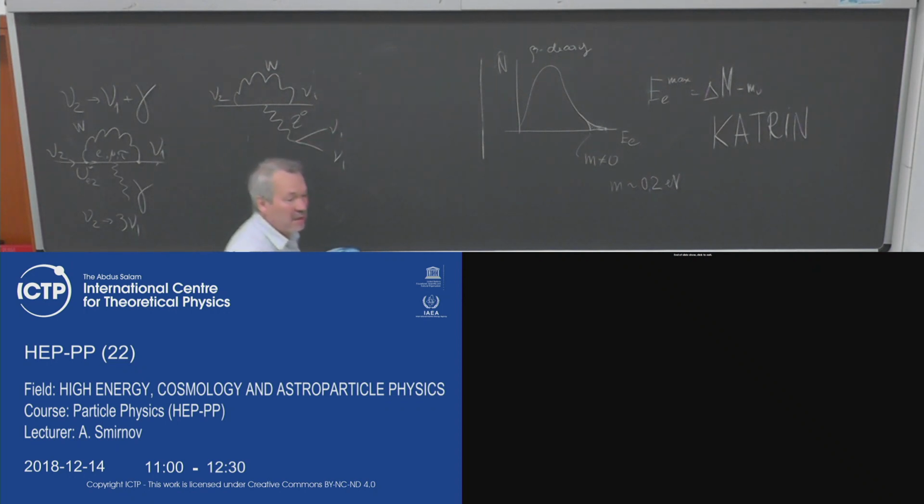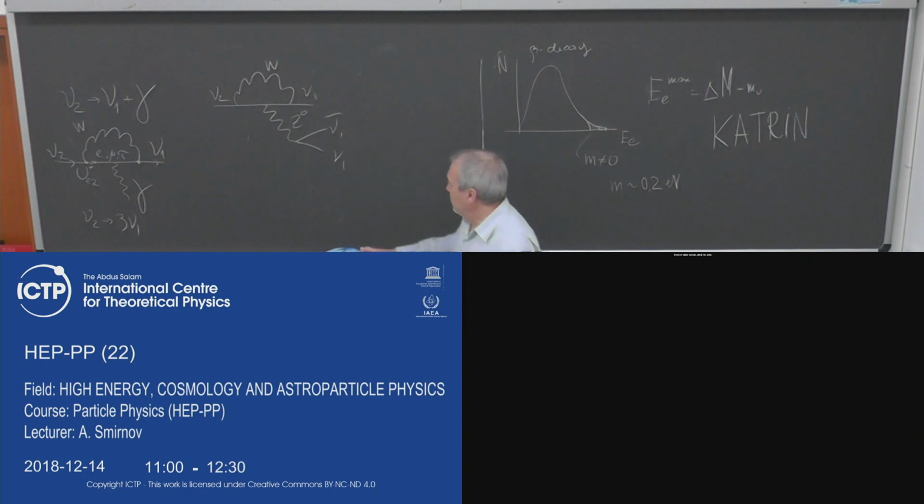So you have 3 neutrinos, one should be an antineutrino, in the final state. In the standard model, due to all these kinds of suppressions, including GIM suppression, the lifetime is enormously big. It's much bigger than the age of the universe. If, however, there is new physics, the decays may be much faster.